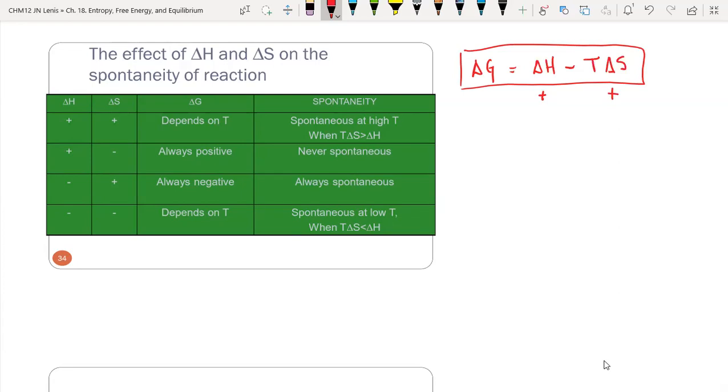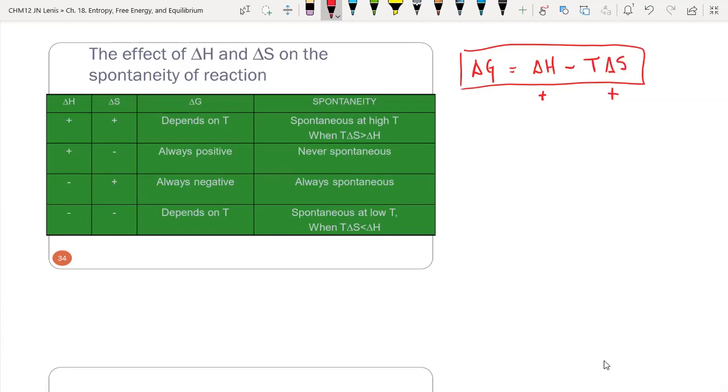Remember, we are looking for any combination here to achieve a negative delta G. In any case, to be spontaneous, delta G must be negative.